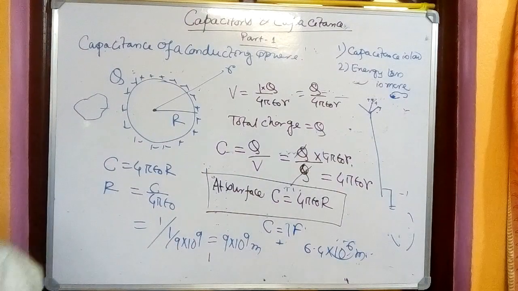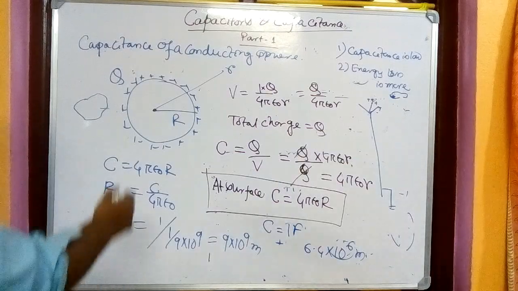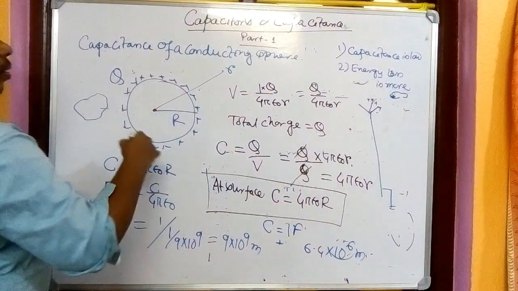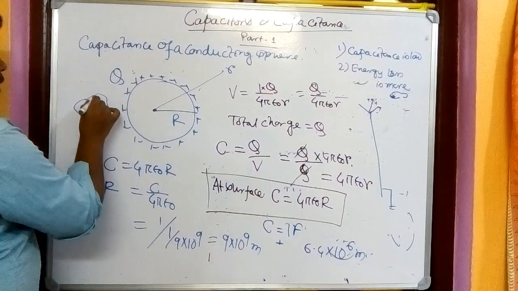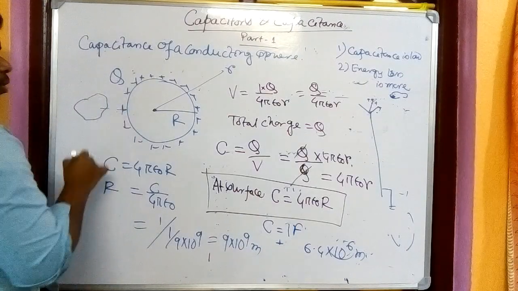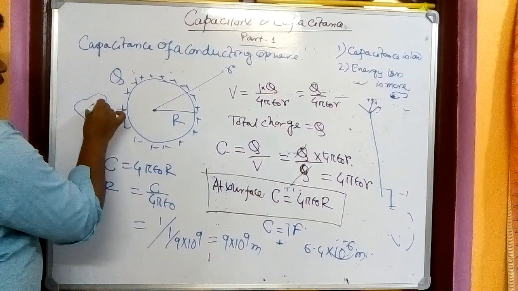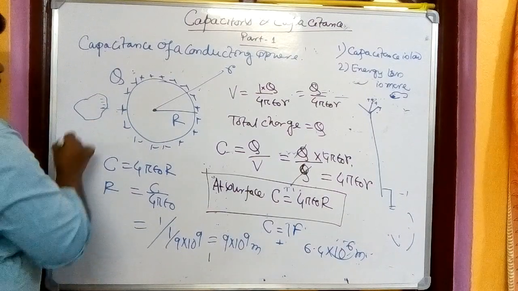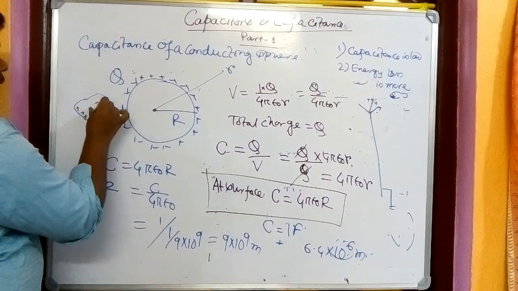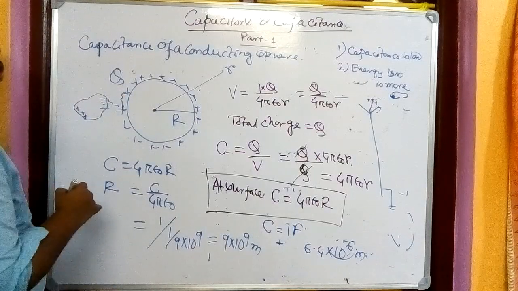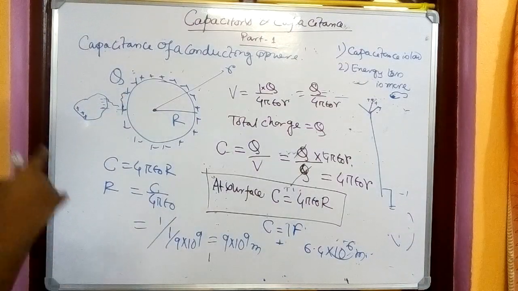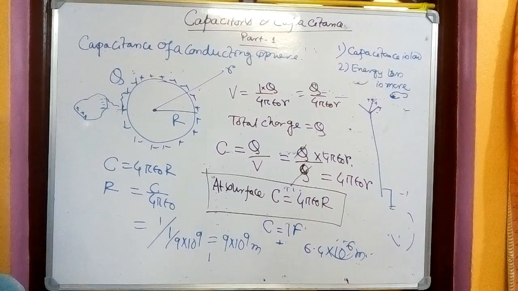Due to this discharging, the charge in the cloud decreases. Here also, as it is connected to the air molecules, the air molecules get polarized. As there is positive charge, in air molecules the negative charges will come, and here the positive charges will store, and discharging will occur. This is known as corona discharging.